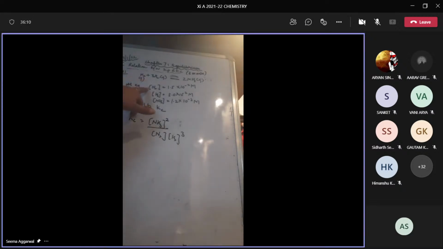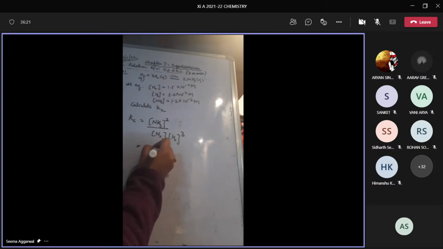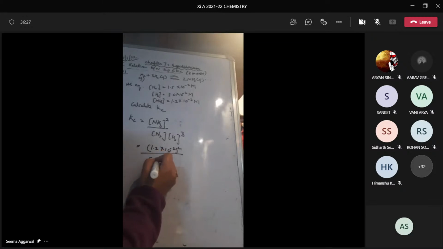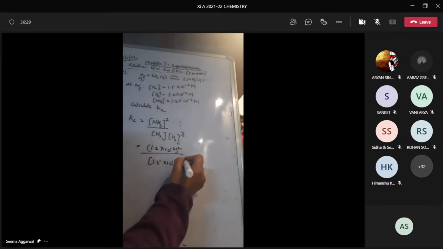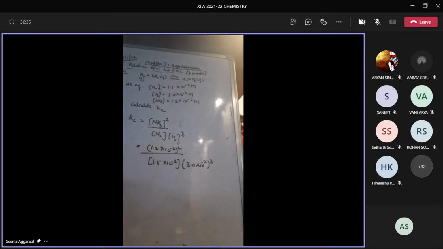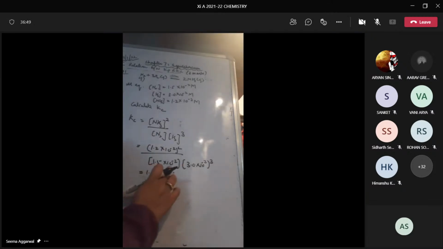In the question, we are given the concentrations at equilibrium only, so we can put the same values and solve it to find the answer. It is 1.06. I'm not solving it because it is a solved example. I will be taking more examples, so don't worry. Into 10 to the power 5.